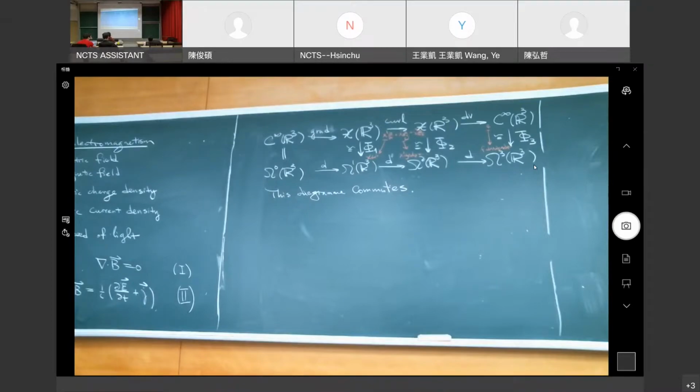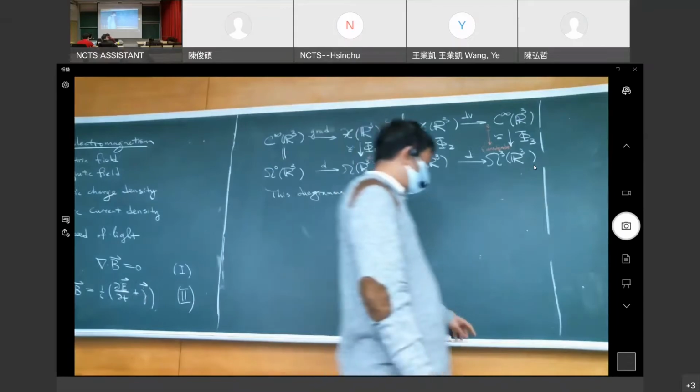Okay, so you can check that explicitly, so I'm not going to check it.